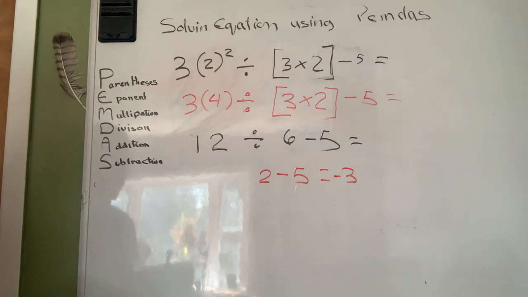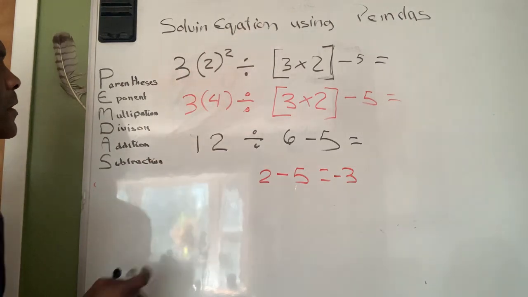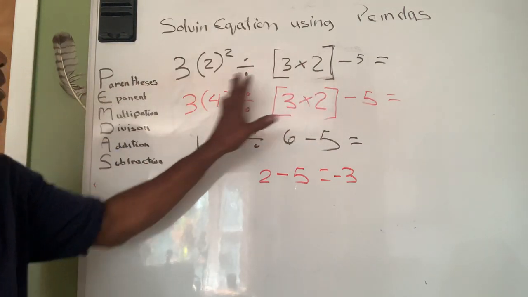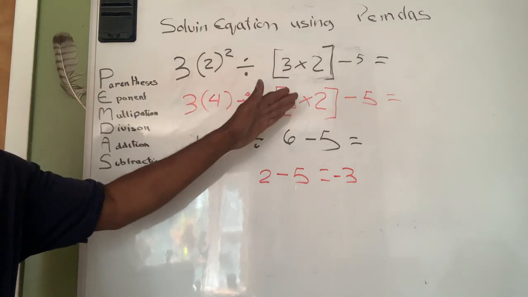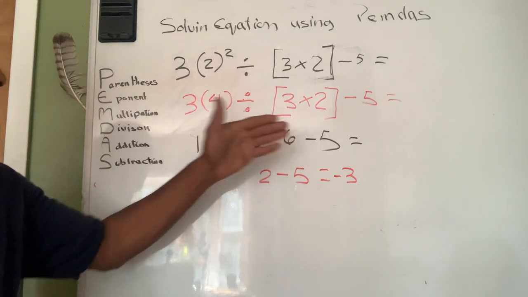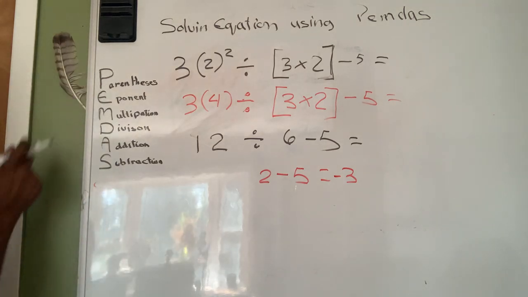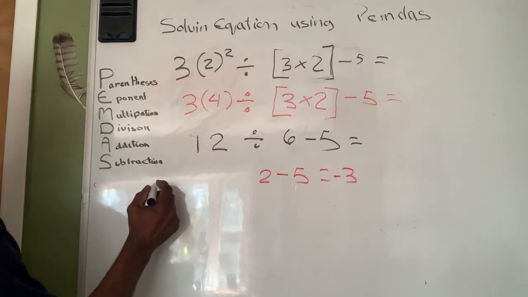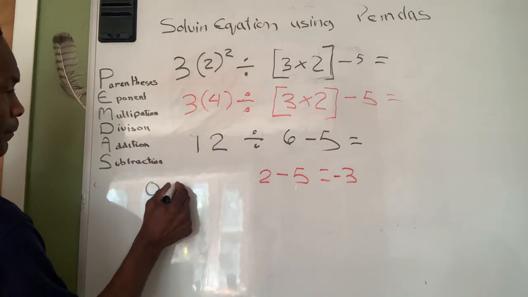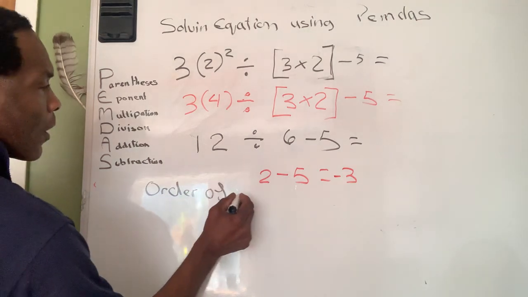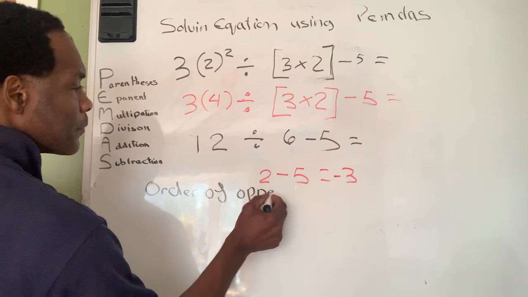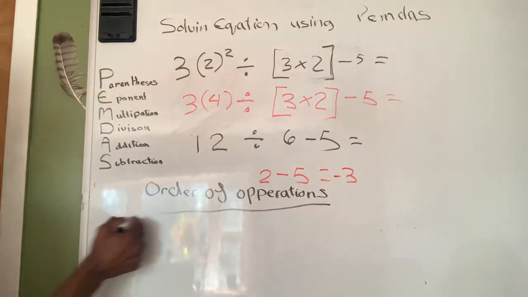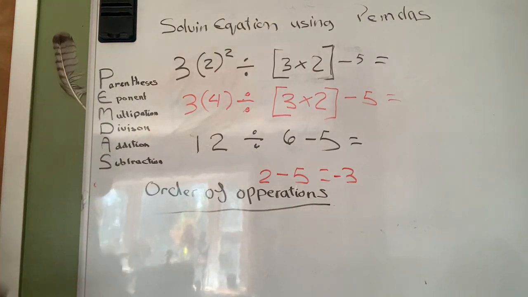If you're going to be solving equations that have different types of operations, such as multiplication, subtraction, division, and all those things, you know how to go from which side to which side, and that is called simple order of operations. That's what PEMDAS is all about.